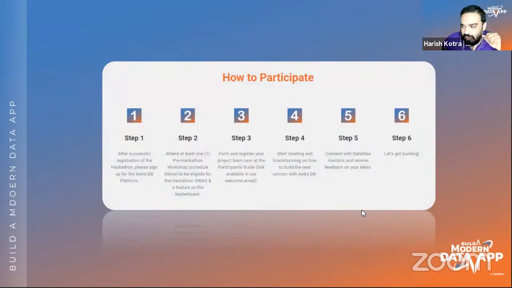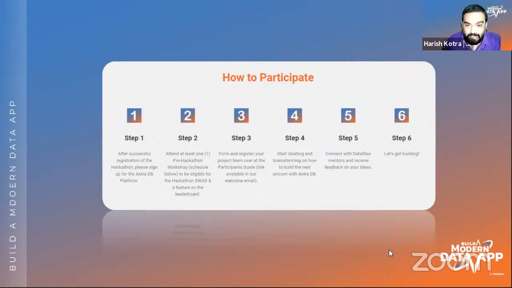And how do you participate? If you are on the Zoom call today with us, you are already part of the Slack channel, I'm assuming. If you're not, please go ahead and join. And we have a bunch of prizes that you can take away with doing a few simple activities like introducing who you are, where you are from, and also signing up on Astra DB. That gets you on the leaderboard, and everybody who's on the leaderboard gets swag.